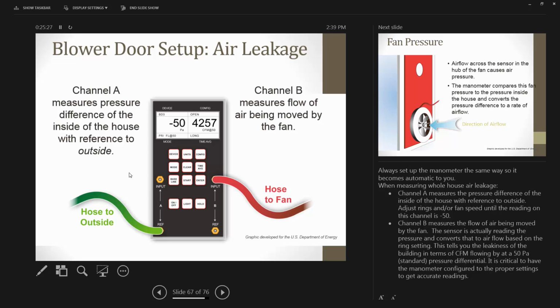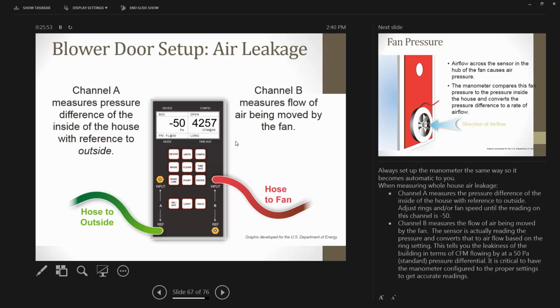And as I mentioned, with the blower door, you've got your external hose, and that's measuring your atmospheric pressure, and that's connected into your controller, so your controller actually does the work for you, and it keeps it at 50 pascals. With the older style blower doors and the MagnaHelic gauges, you had to constantly keep adjusting it, and it was pretty hard to keep it at 50 pascals consistently.